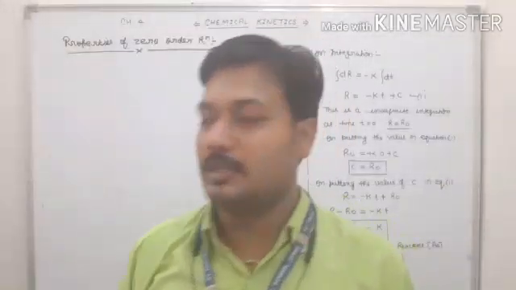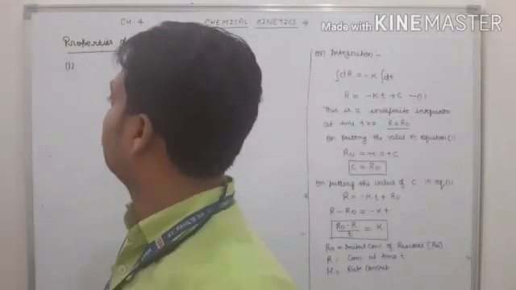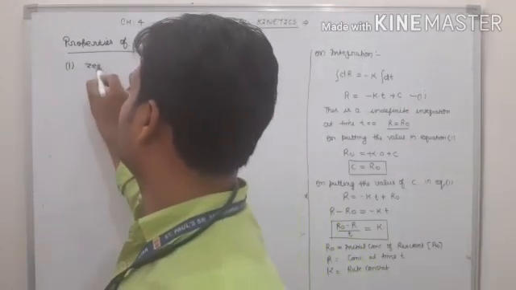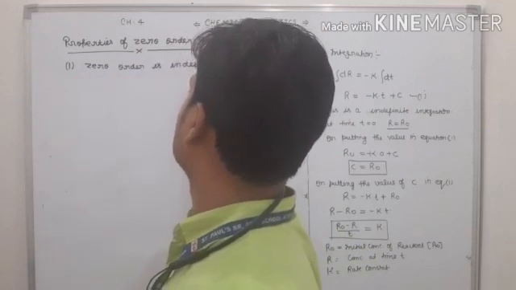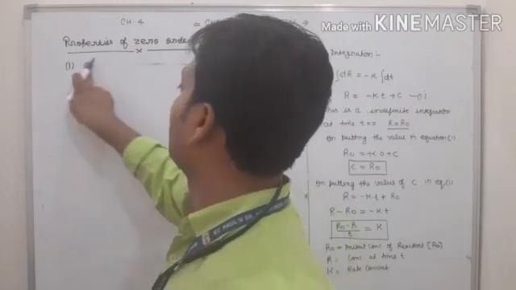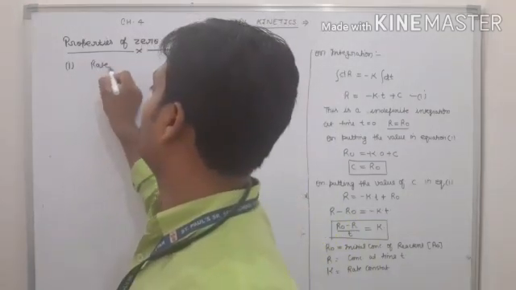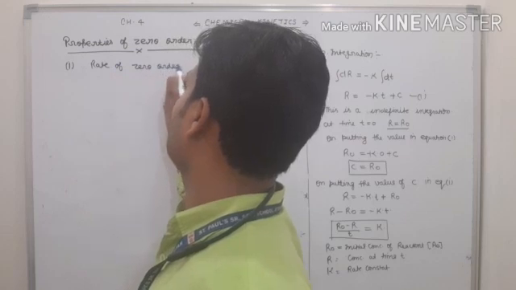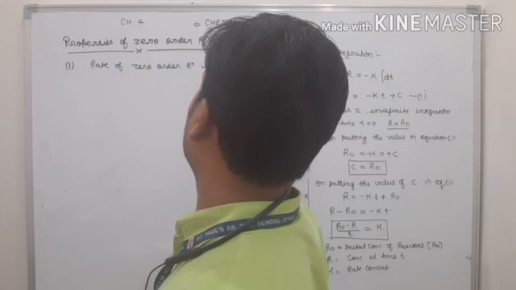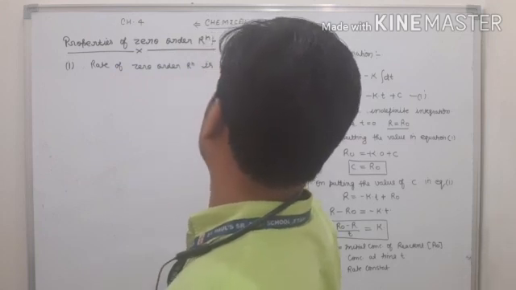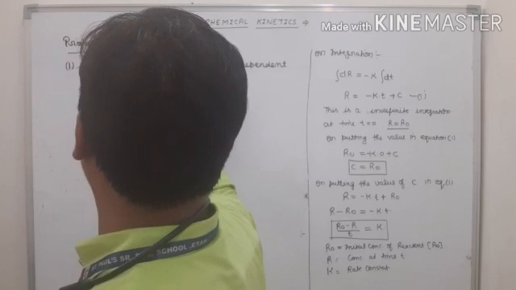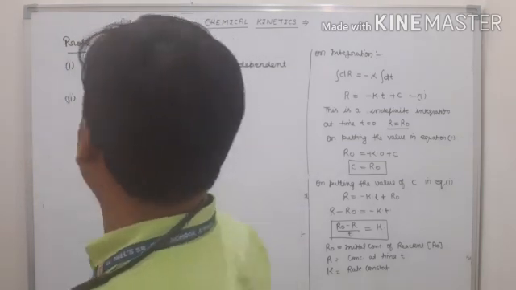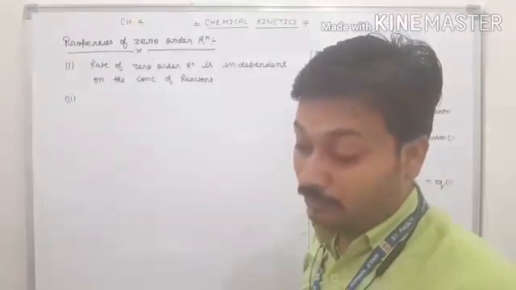Okay, so the first property is that the rate of zero order reaction is independent of the concentration of reactant.